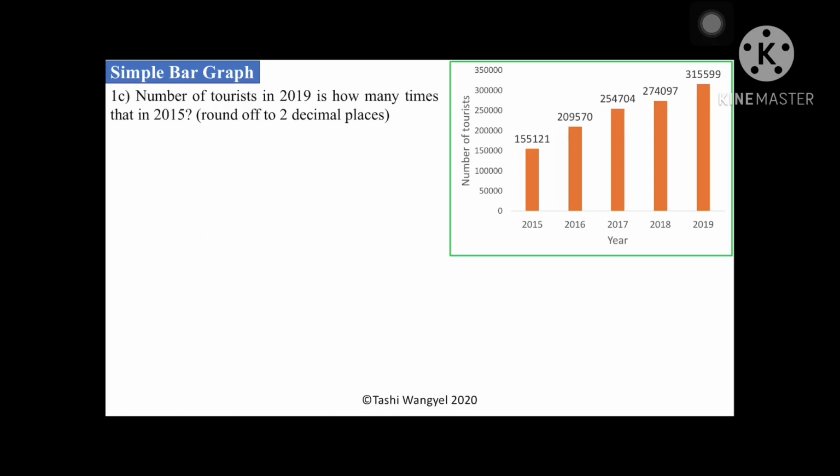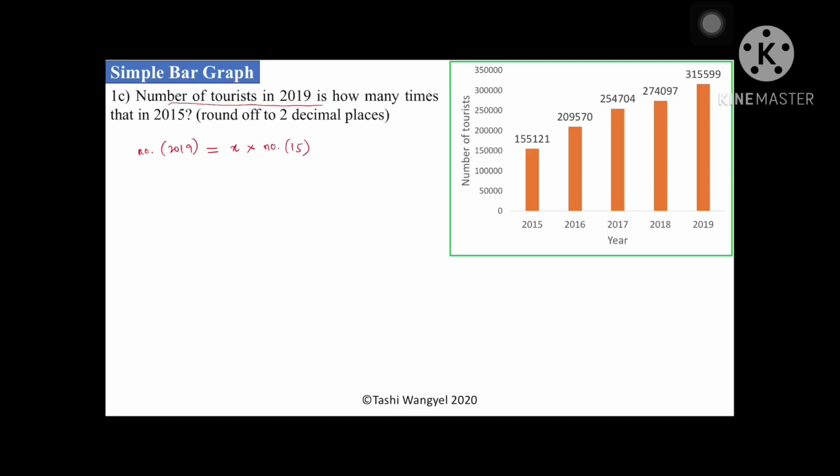Part C: the number of tourists in 2019 is how many times that in 2015? Let the unknown be x times.